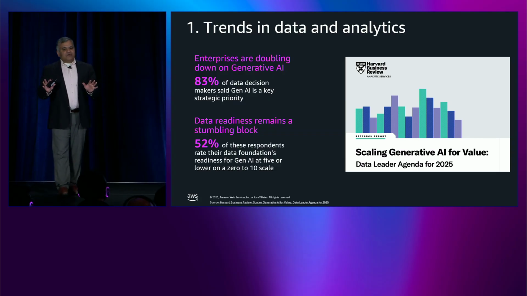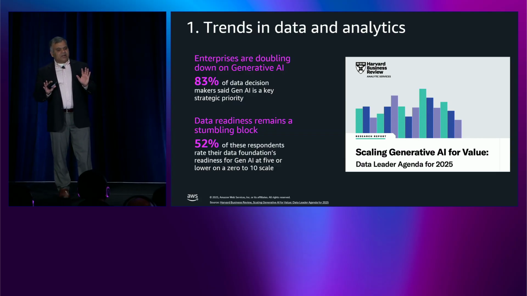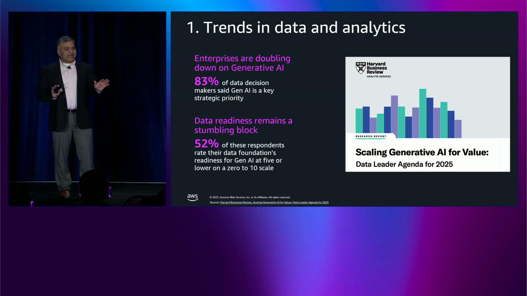All right, so let's start with the trends. I wanted to start with a survey that Harvard Business Review recently did with over 600 data and analytic leaders like yourselves. And there were two key trends that prominently emerged in that survey.